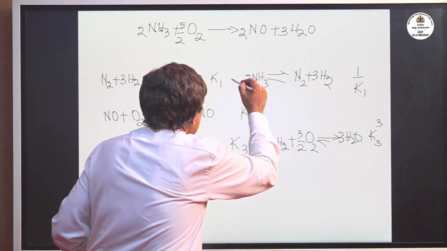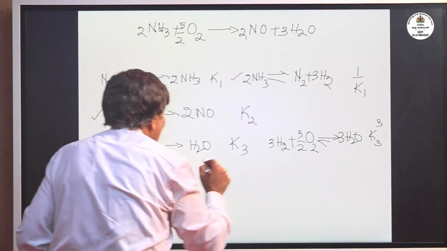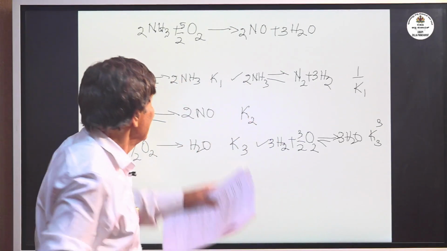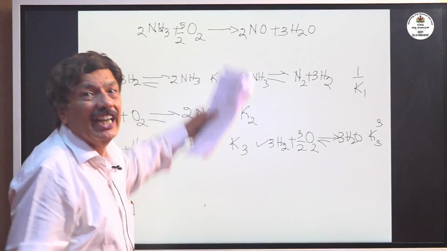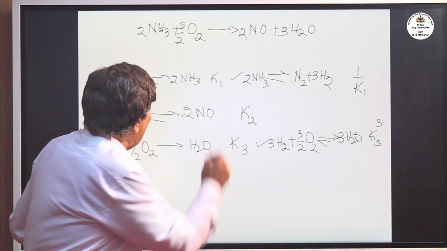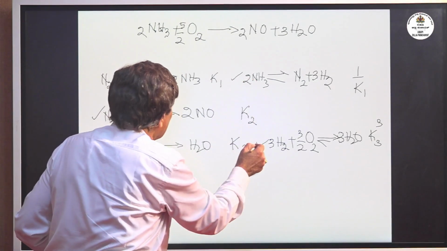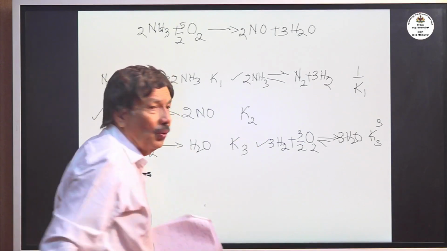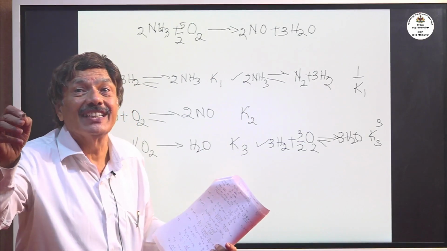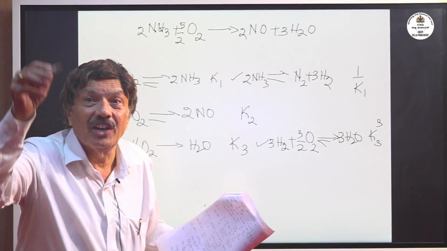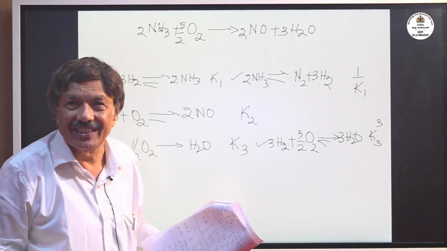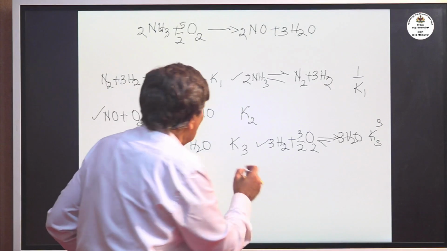Now what you have to do? You have to add this equation, this equation and this equation. These 3 equations you have to add. When you add these 3 equations, obviously you get the required equation. It is more or less like solving the problems in thermochemistry, right? When the final equation is obtained by addition of the 3, the equilibrium constant is obtained by multiplication, not by addition. So what comes here?